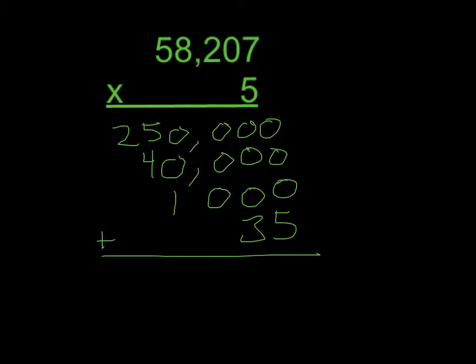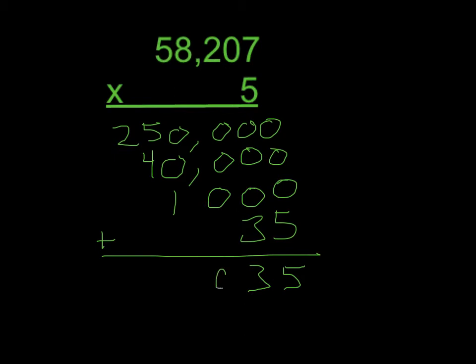And if you look right here, we have a partial product of 35, a partial product of 1,000, a partial product of 40,000, and a partial product of 250,000. When we add these all up, we'll get our product of 5 times 58,207. So here we go. We have a 5 plus 0 plus 0 plus 0 plus 0 is 5. 3 plus 0, 0, 0 is going to be 3.